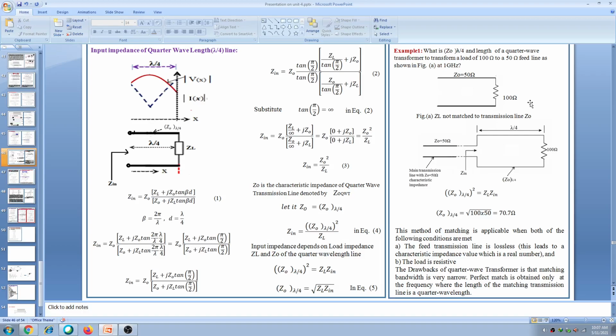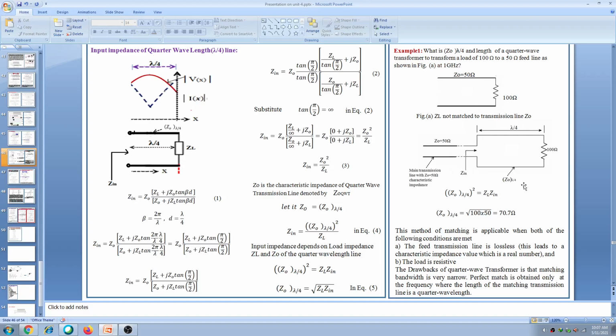In such cases, if we are not able to change the characteristic impedance of the main transmission line and the load impedance, we have to use an impedance matching device in between the load and the main transmission line.